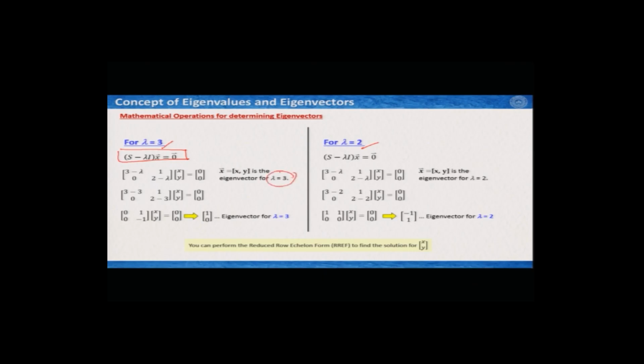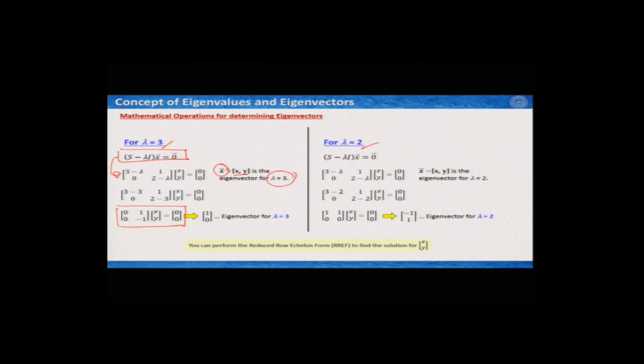This is what we have to determine: the value of this vector x in terms of x and y coordinates. You can expand this equation in this form, where you simply put the value of lambda, and then it takes the shape of an equation like this, and from this equation you have to solve for the values of x and y.